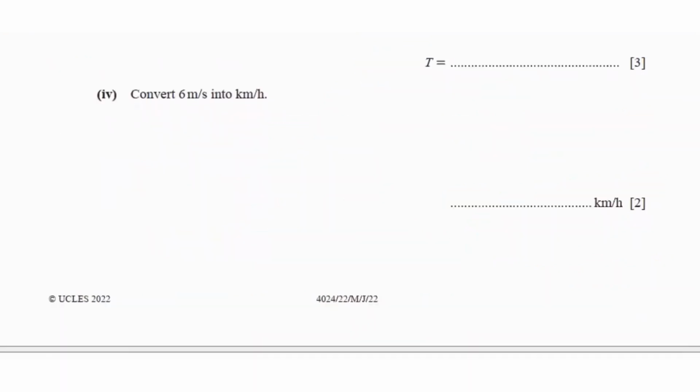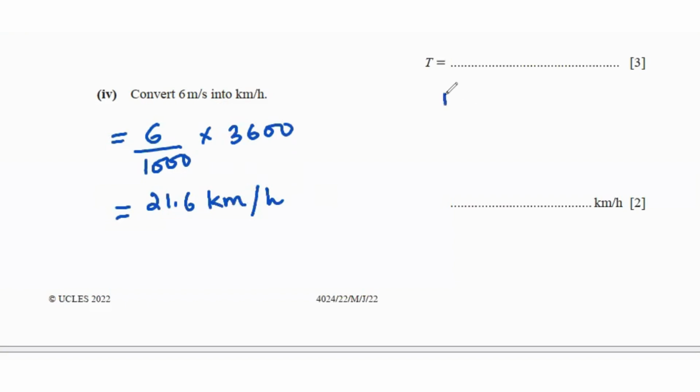Convert 6 meters per second into kilometers per hour. So we'll do 6 divided by 1,000 times 3,600, which is going to give us 21.6 kilometers per hour. We know 1 kilometer is 1,000 meters, so 1 meter is 1 over 1,000 kilometers.